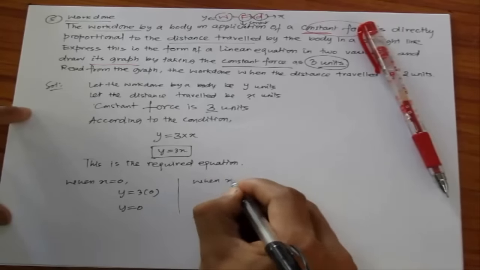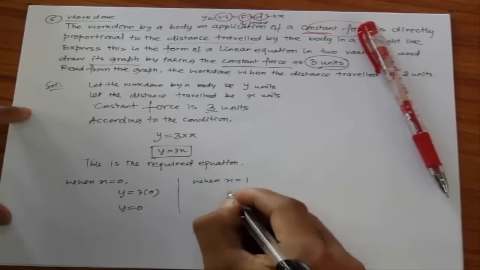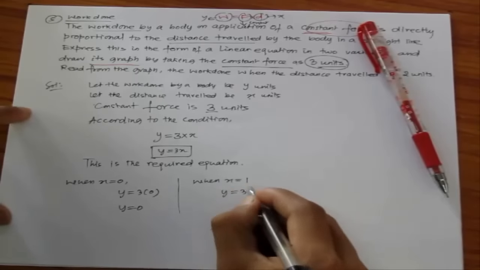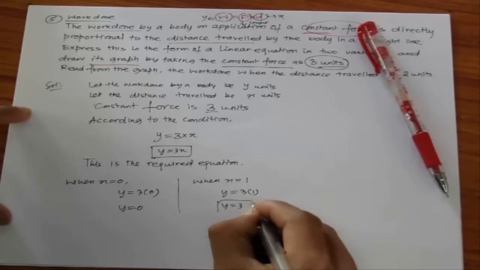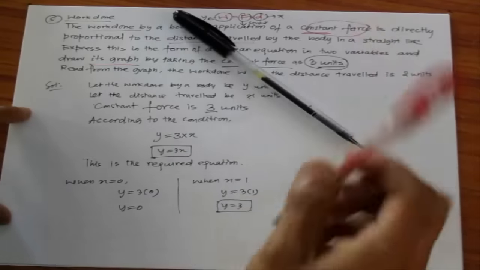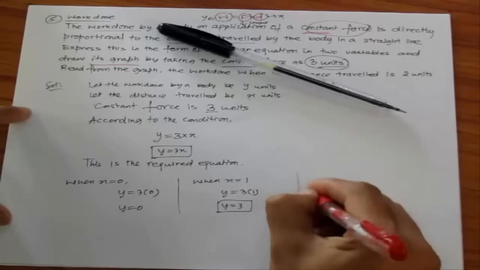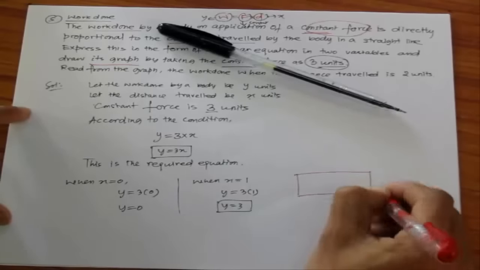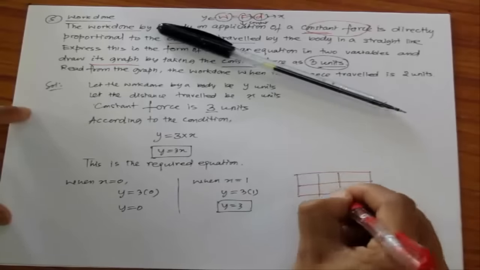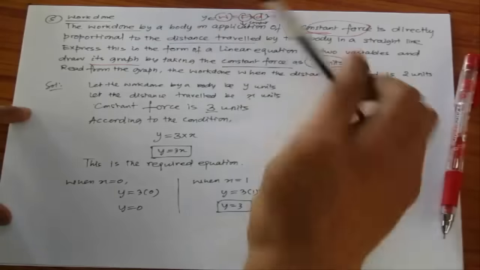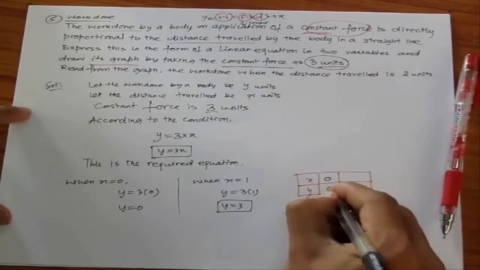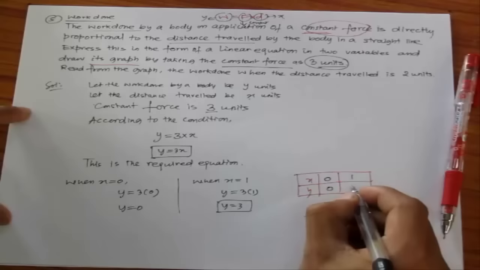When x equals 1, then y becomes 3 into 1, so y equals 3, right? So we have two solutions. Now we're going to write in tabular form, so it will be easy for us to refer when we plot the graph. When x value is 0, we get a y value 0. When x value is 1, we have a y value 3.